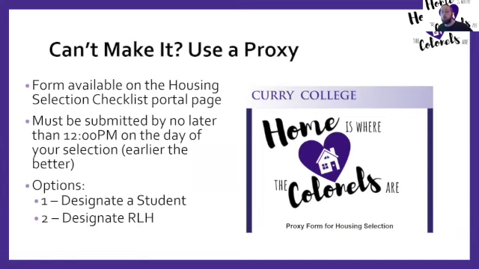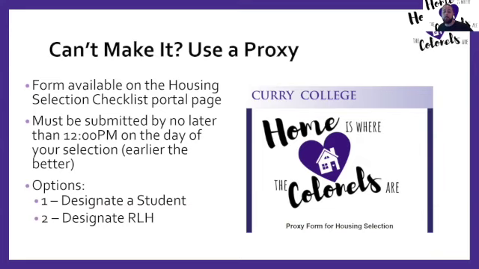If you choose option one, you authorize a designated member of the Curry College student body, someone you have asked and spoken to, to serve on your behalf to select a residence hall room. Should your designated student proxy fail to choose a room at housing selection for you, or not choose a selection that you would like or prefer, you may not be guaranteed space for the upcoming year.